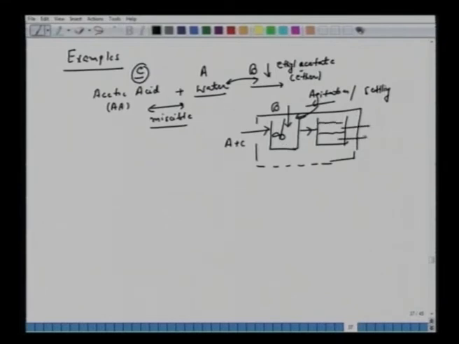So you will have two phases, lighter and heavier. All right, going back to this example of acetic acid in water, and you are adding ethyl acetate or ether, you have two products, L1, L2. Both are liquids, but they are immiscible.